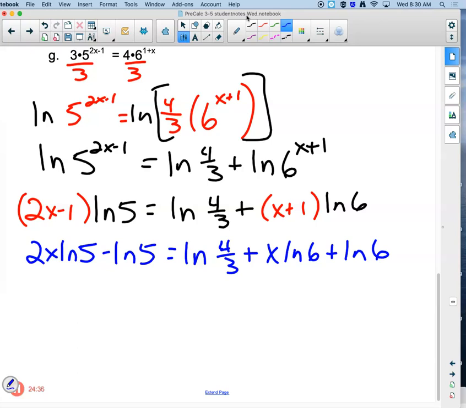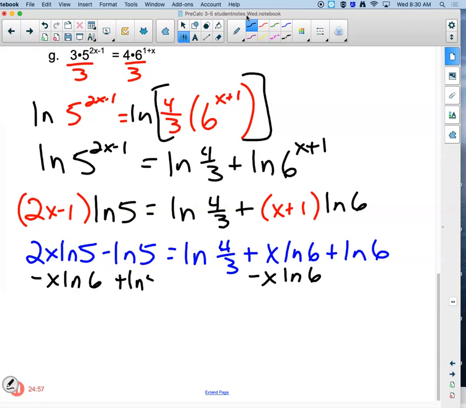All right. Now we need everything with an x on one side and everything that's just numerical that we could punch into the calculator on the other. So we'll want to subtract x natural log 6 from both sides.